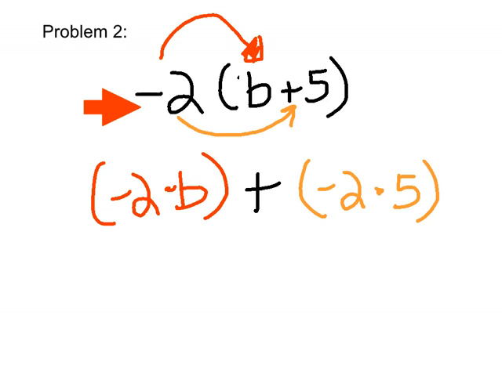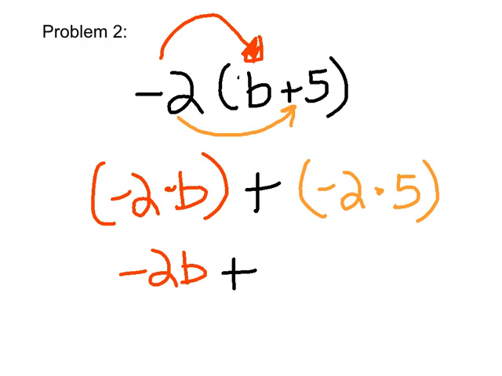Notice that I kept the negative with my 2. I didn't get rid of the negative. You've got to keep the negative there. Alright, let's simplify. Negative 2 times b is negative 2b. And let's see, my plus sign is going to come down.